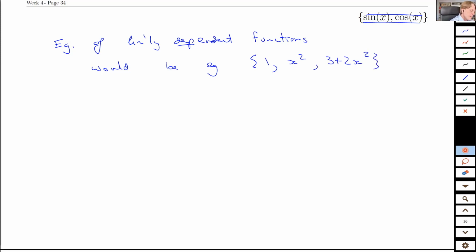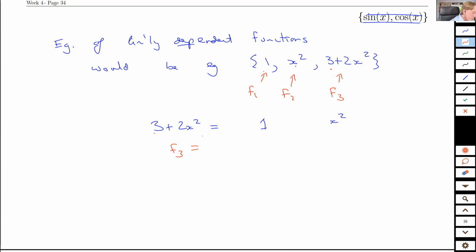Okay. In fact, we can use some of the logic we used earlier. If I take this, called F1, this called F2, and this called F3, if I can write one of them as a linear combination of the others, well, F3, as it turns out, is equal to 3 plus 2x squared. It's equal to some combination of the other two.